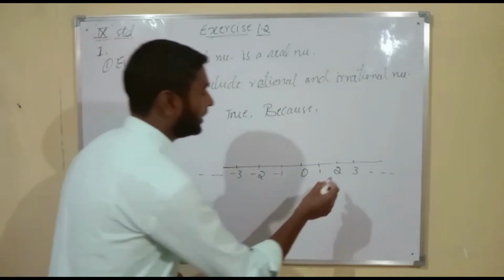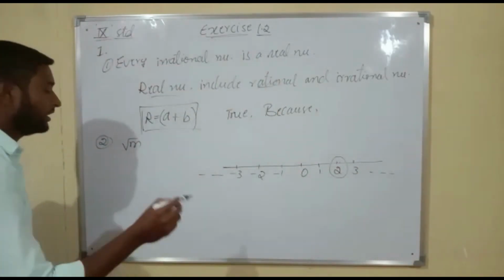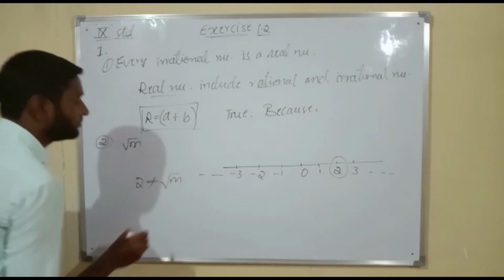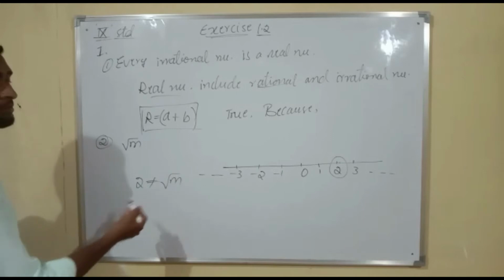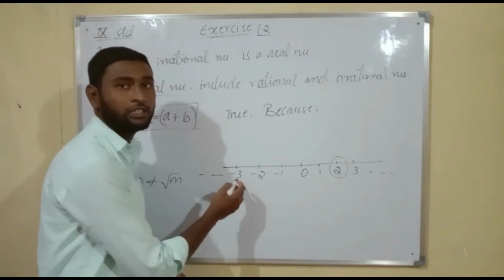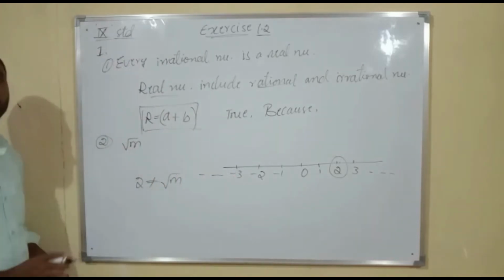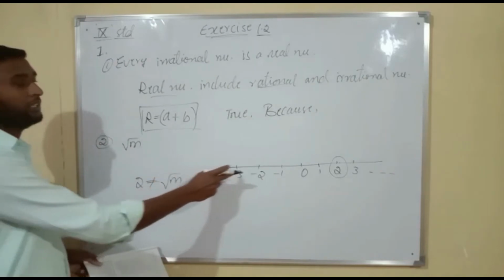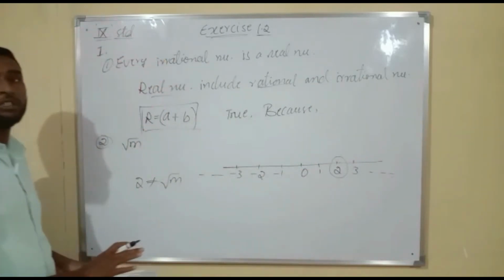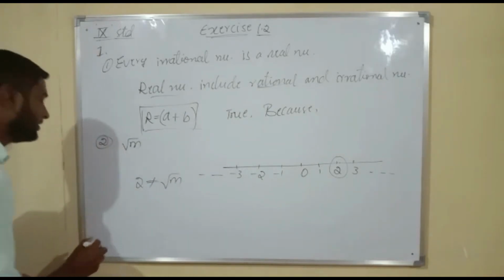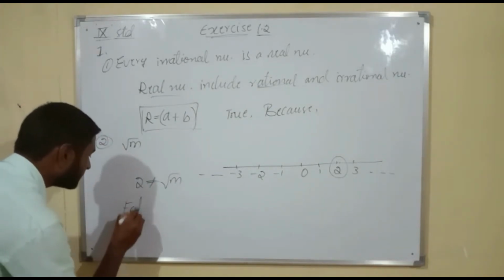If you take this point, it is 2, which is not of the form root m. If you look at -3, it is also not of the form root m. So the statement given here is absolutely wrong. The given statement is false.